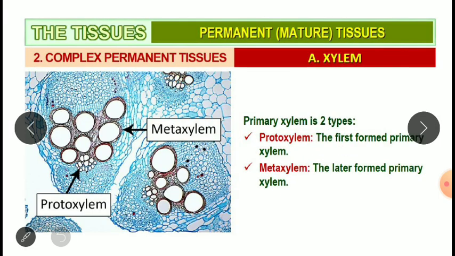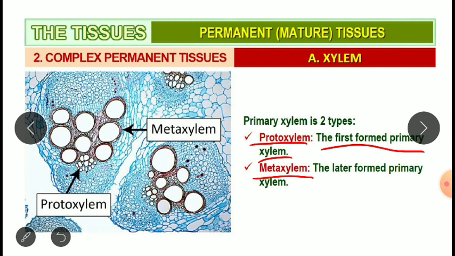Coming to the types of xylem, depending upon where the primary xylem is formed, there are two types of xylem. So they are protoxylem and metaxylem. Protoxylem. Proto is going to be the first formed primary xylem. When the plant is small, even the xylem elements that will be formed will be smaller in size.